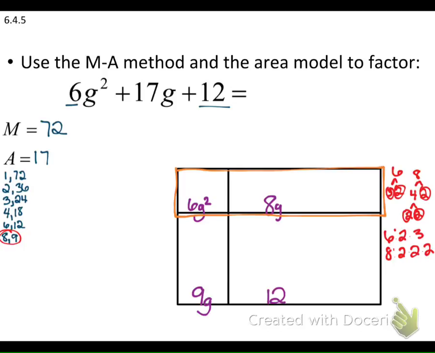Numbers that I have in common for both 6 and 8. 2, right? Do I have anything else? No. All right, so it's 2. Now look at those variables. 6 has 2 G's, 8 has 1 G. How many G's do they have that are the same? 1. So my greatest common factor is going to equal 2G.